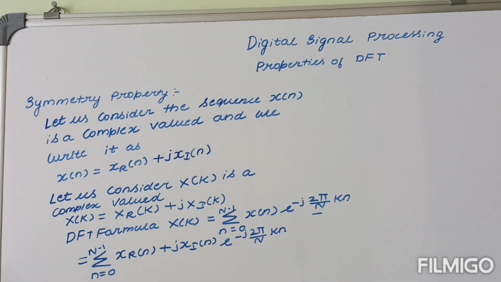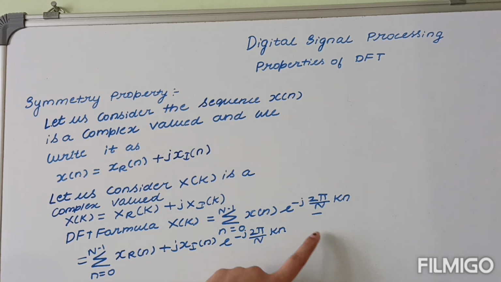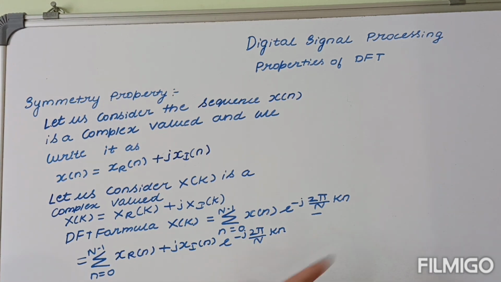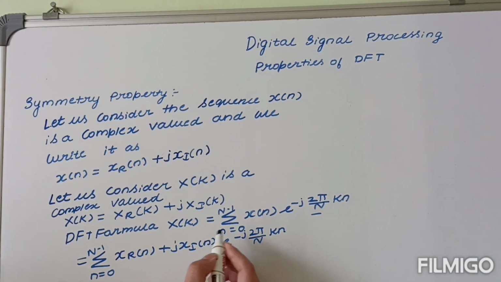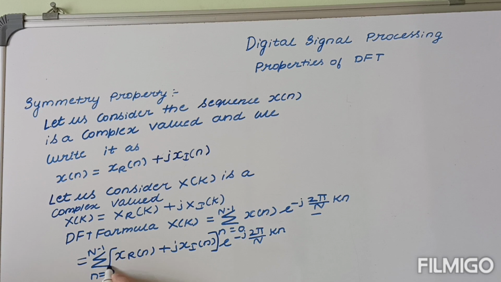Now, this e to the power of minus j 2 pi by n into kn, I can take in terms of cos and sine, right? It is cos 2 pi kn by n minus j sine 2 pi kn by n. I have to write that. So now let me do that. Here I need to put a bracket because this is for both.